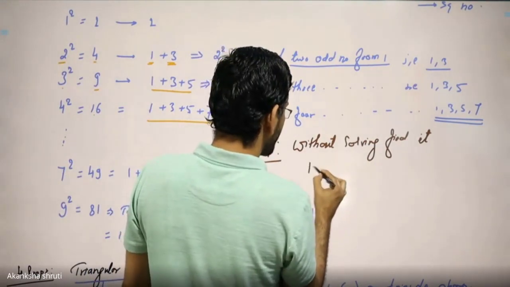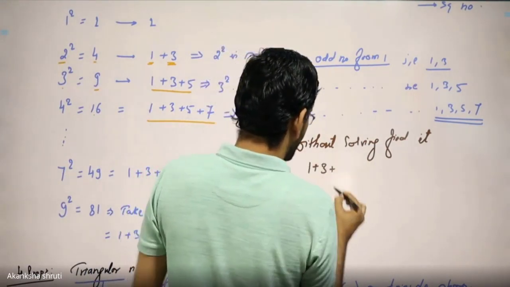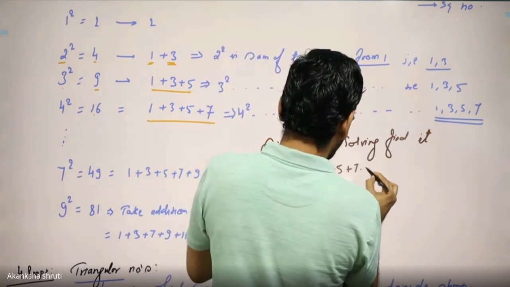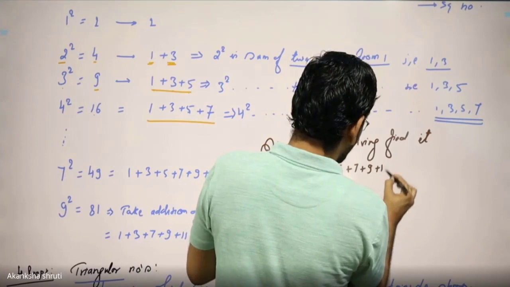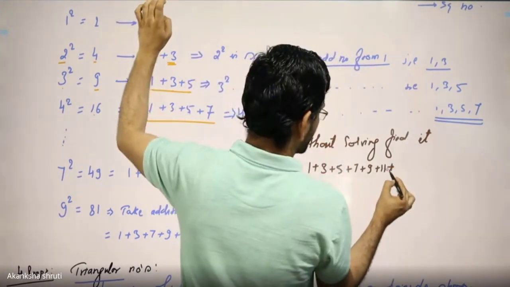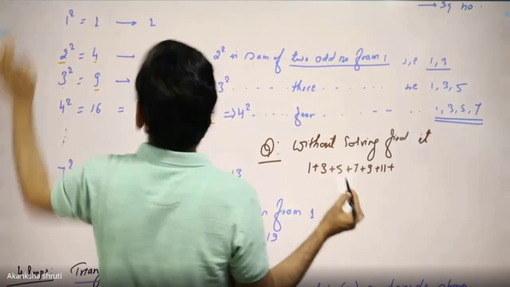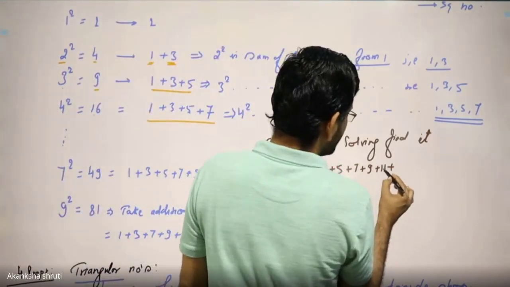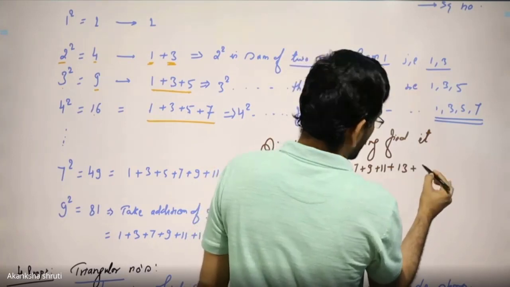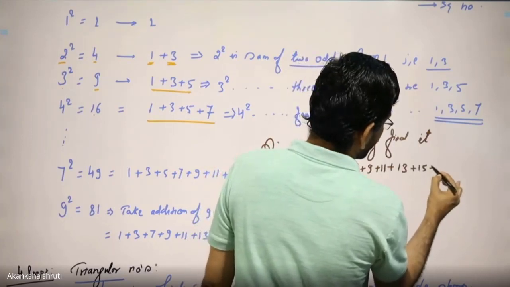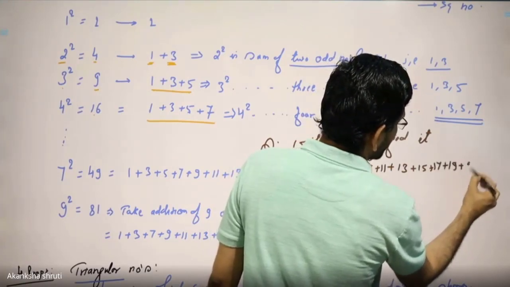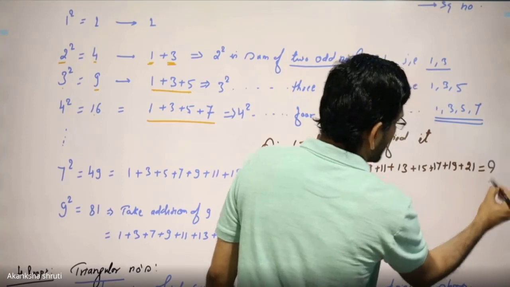So 1 plus 3 plus 5 plus 7 plus 9 plus 11 plus 13 plus 15 plus 17 plus 19 plus 21 is equal to how much?